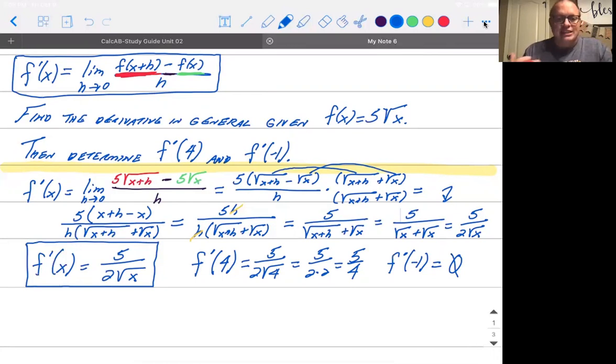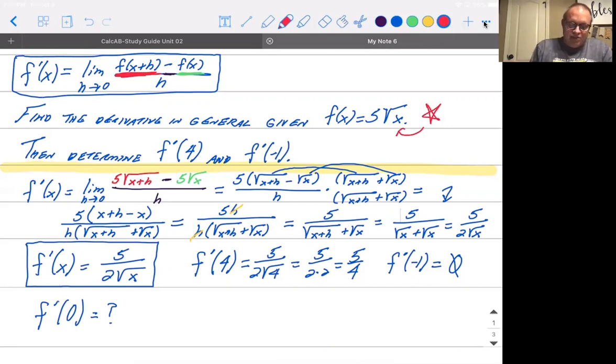So I have a final question before I have you practice something like this. What about 0? What about the derivative at 0? Because if you look at the function up above here, you can put 0 into the square root. The answer would be 0.